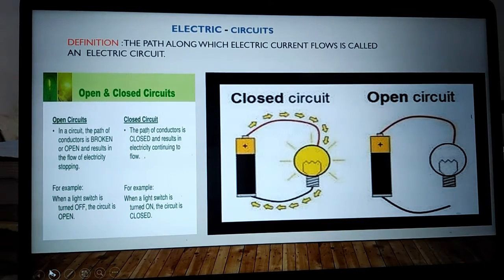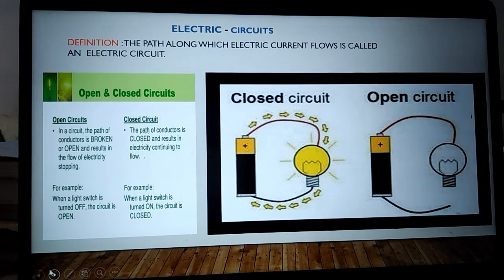So circuit is the path along which electric current flows. Now in class 6th, you have already done that circuits are basically of two types: closed circuit and open circuit.